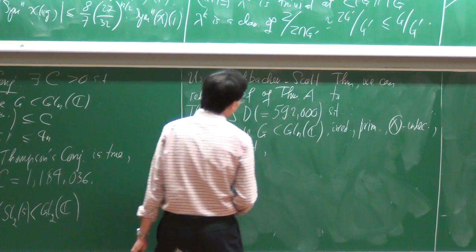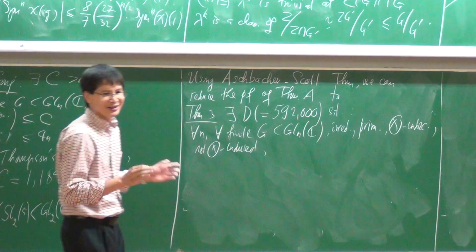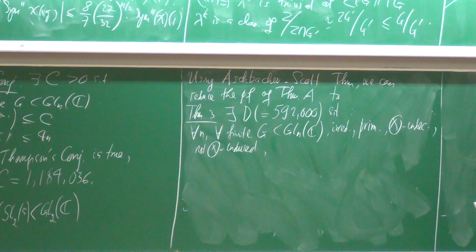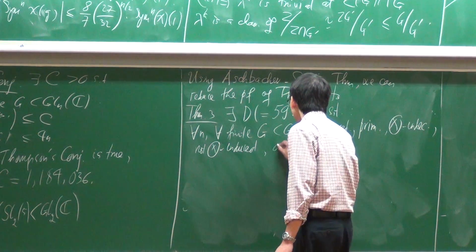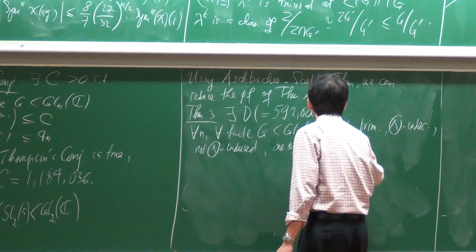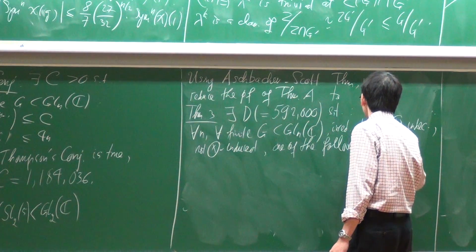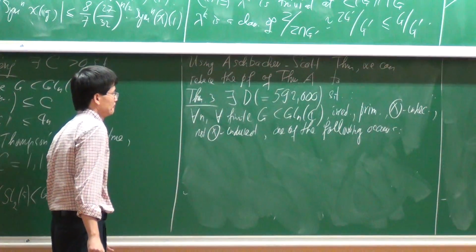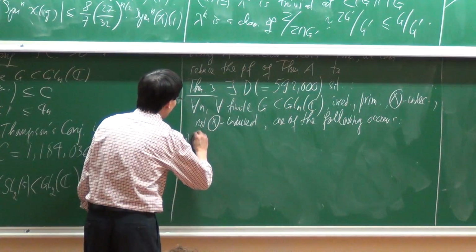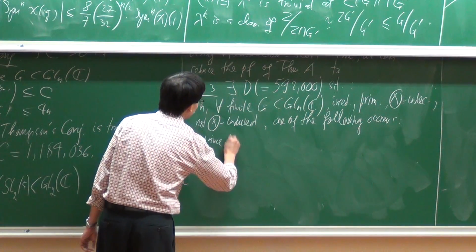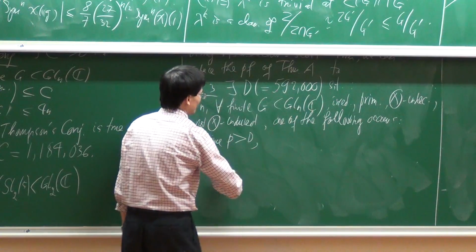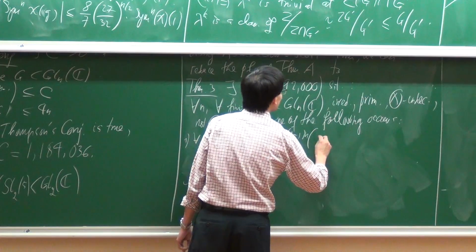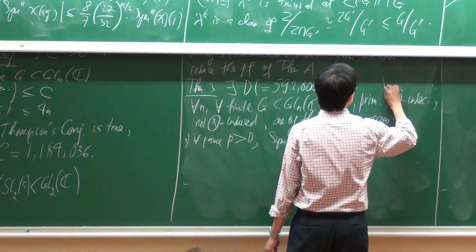So as you can see, I am trying to exclude all the C1, C2, C3, and so on classes in the Aschbacher representation. Then one of the following occurs. Okay. So the first one is for any prime p greater than d, then we know that Sym^(p-1) of V, so V is actually the C^n here.